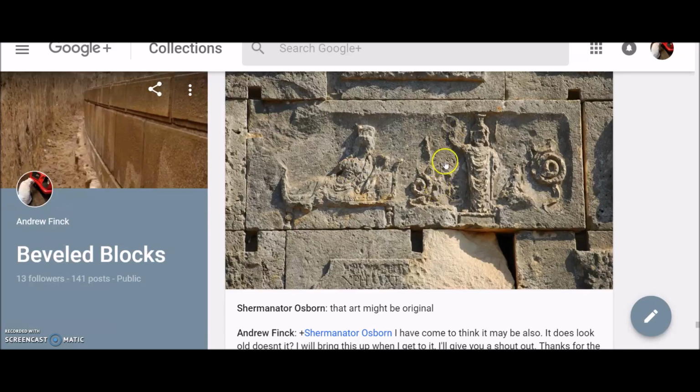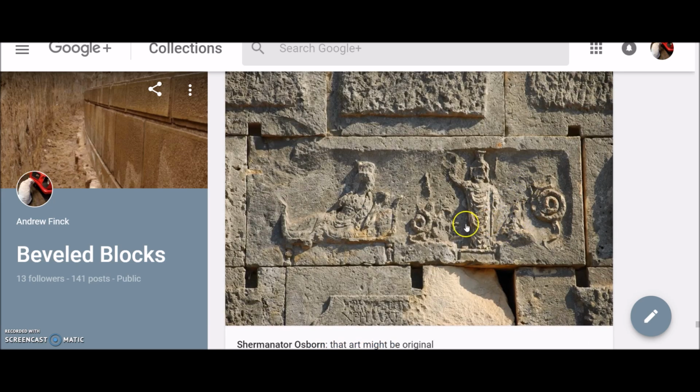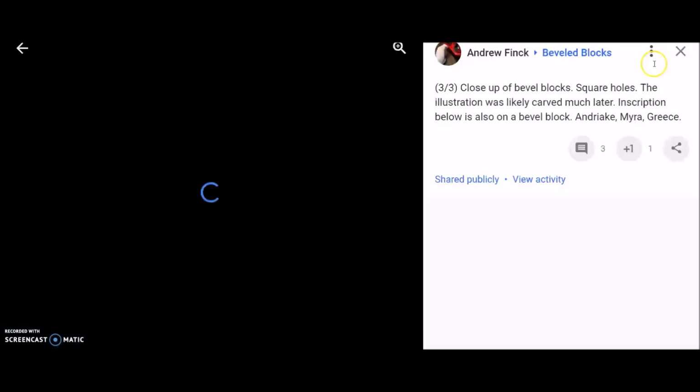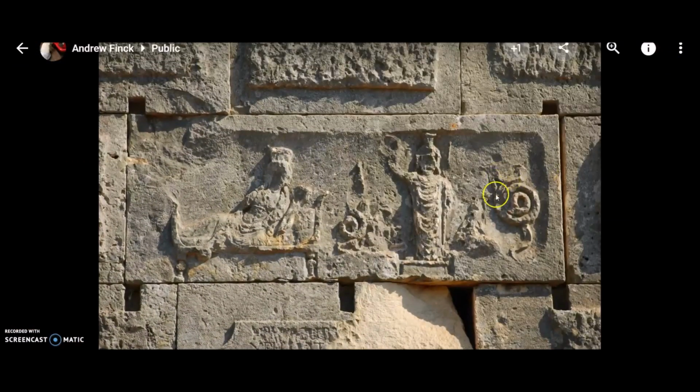Okay, here's a close-up of the same site, one of the bevel blocks, and Shermanator Osborne and I had a nice little discussion here in the comments. He thinks, and I am compelled to believe also, that this might be original artwork of the structure. And why he believes, and why I think he might have a case, is you can see the fresher rock, how much lighter it is.